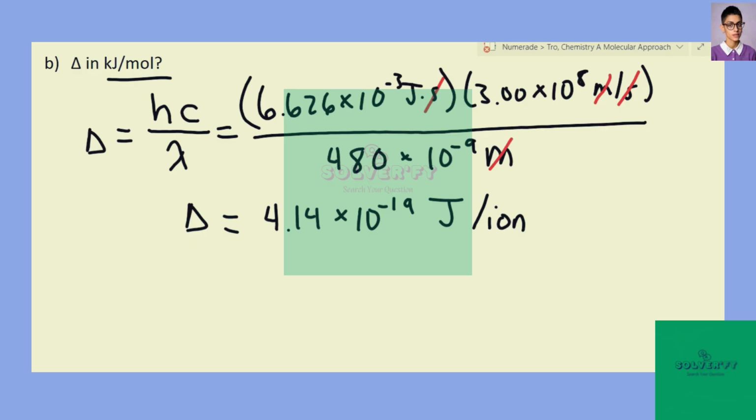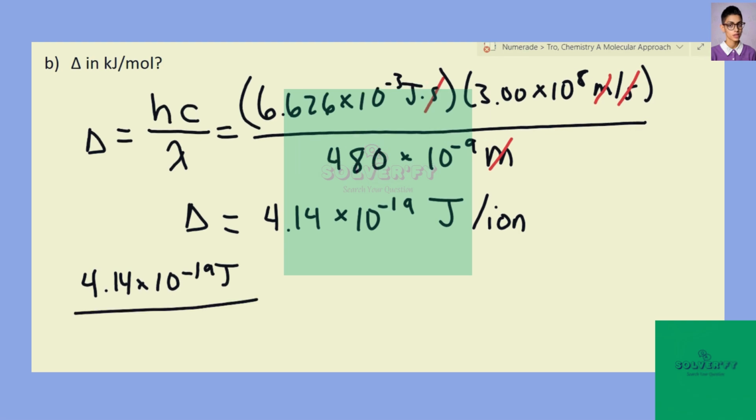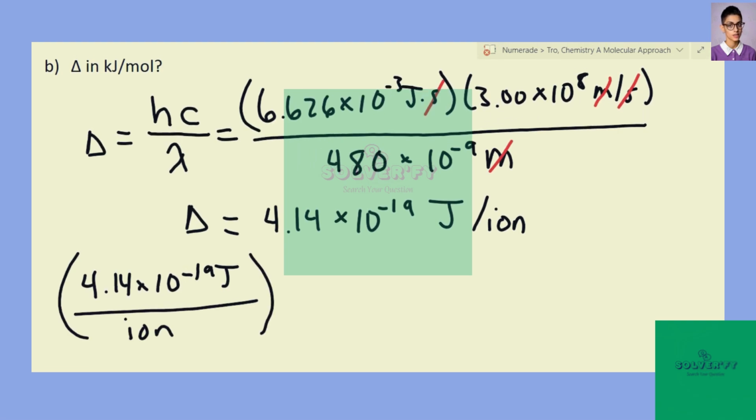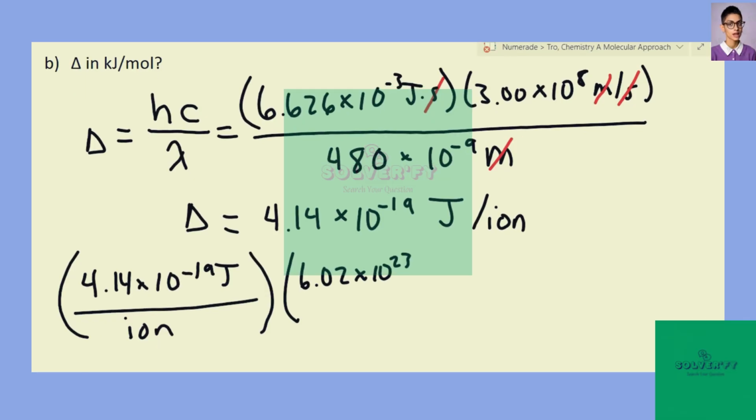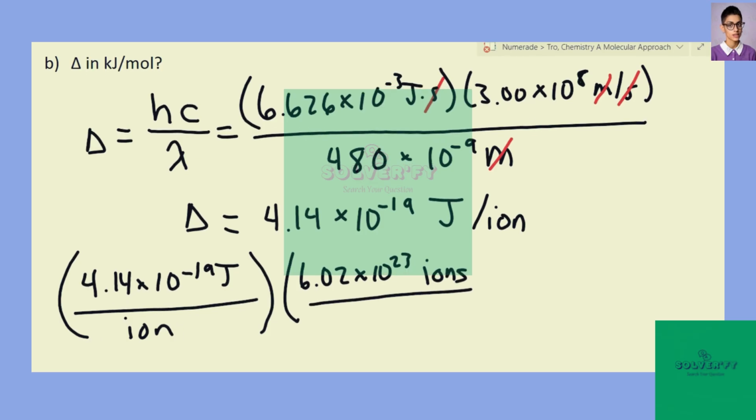But we were asked for the energy in kilojoules per mole. So we're going to need to convert this energy for one ion using first Avogadro's number, 6.02 times 10 to the 23rd, because there's that many ions in 1 mole of ions. And then I need units of kilojoules.